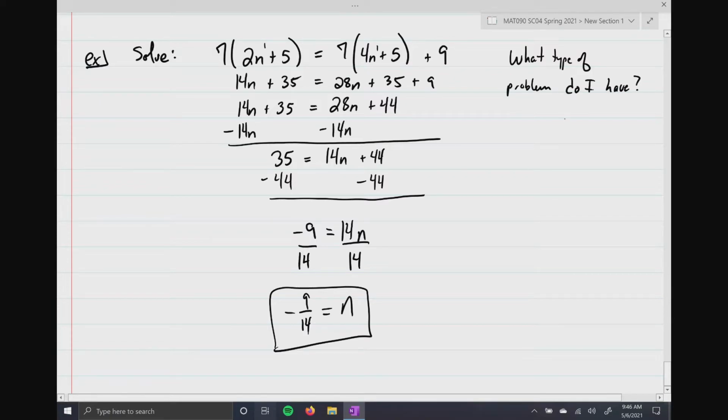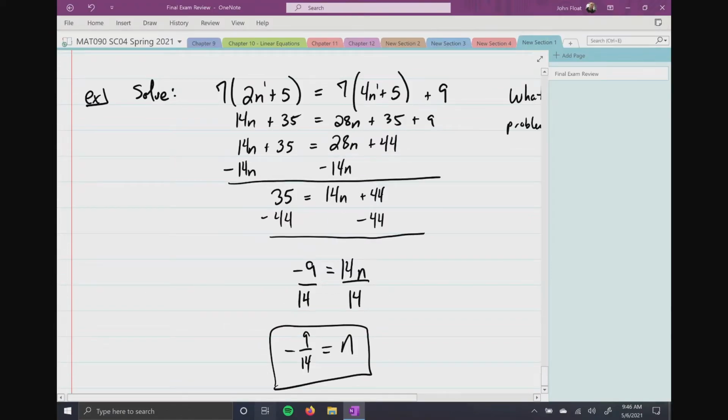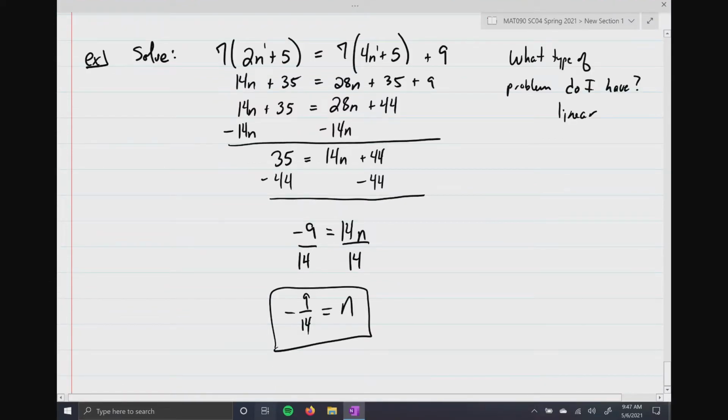And the answer to that was linear. You should also have those steps for solving linear equations written in your notes somewhere. I think it's chapter 10? Yeah, chapter 10, linear equations. So I know they're in there.